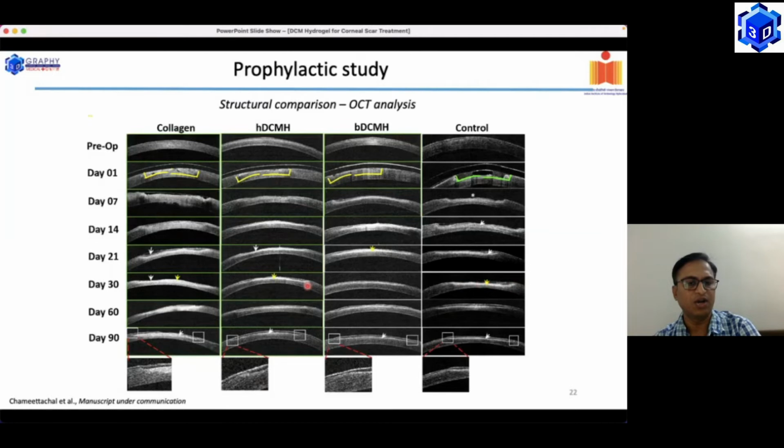But in case of all the others, the corneal thickness is maintained. Also, if you see here, this whitish tissue, that is the scar tissue, can be seen in case of collagen and also in case of control. But in case of decellularized tissue, the intensity is less than these 2 other things, collagen and control. So that's what we have observed from this study.